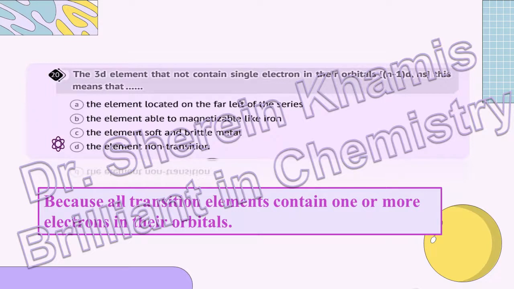The 3D element that does not contain a single electron in their orbitals, n-1d and ns. This means that it is a non-transition element because all transition elements contain at least one or more electrons in their orbitals, and here we haven't any electrons in d or in s, so it will not belong to a transition element. It will be a representative element.